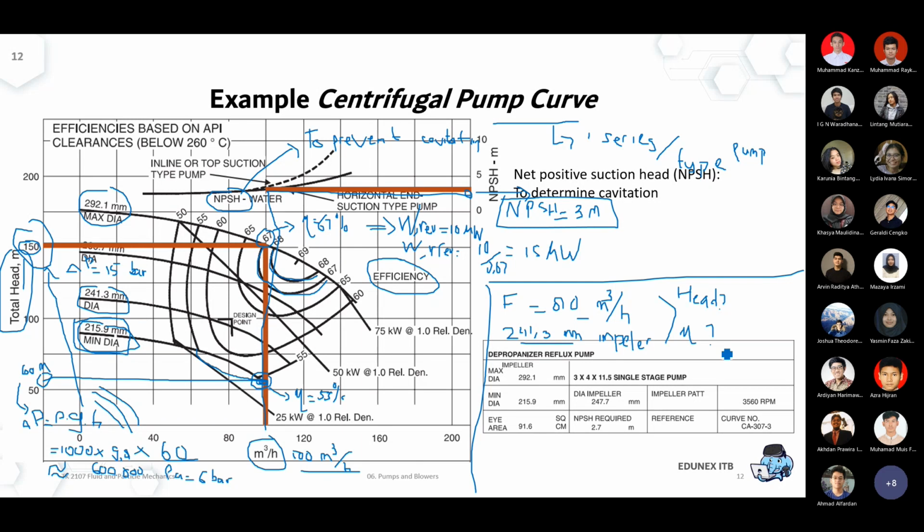Is the efficiency at 60% and the head is around 120-ish? Maybe 110? Somewhere around there? Okay, so we have the 80, right? So let me change the line.